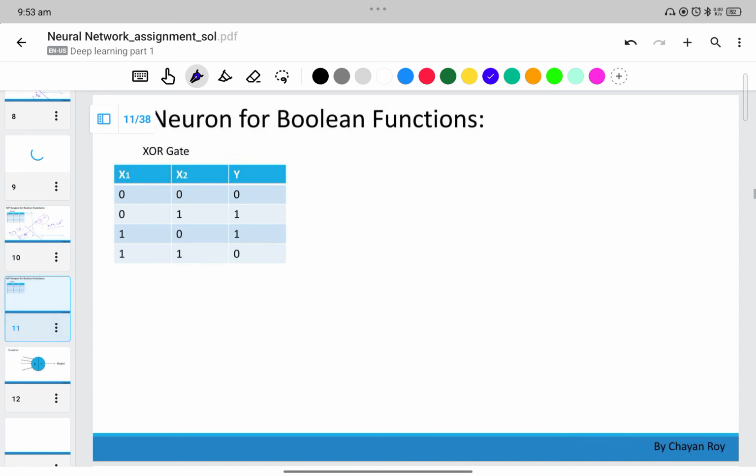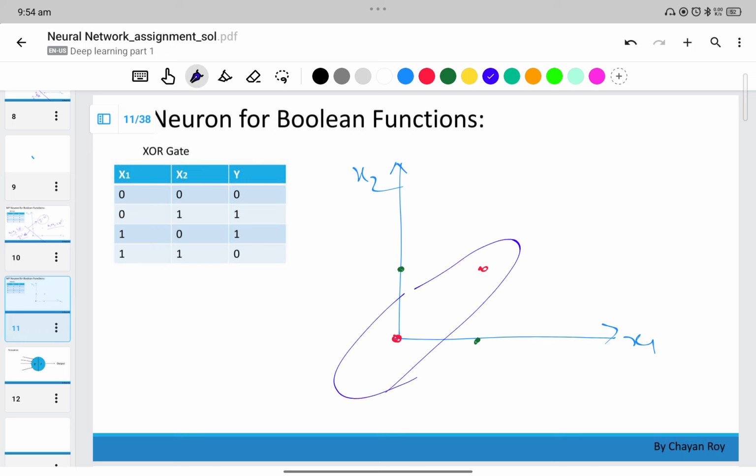So the problem comes in the XOR gate. So let's see, this is x1, this is x2. So 0 0, this is 0. 1 1, this is 0. 1 0, this is 1, and 0 1, this is 1. So you cannot put any decision boundary to divide this red from this green one.